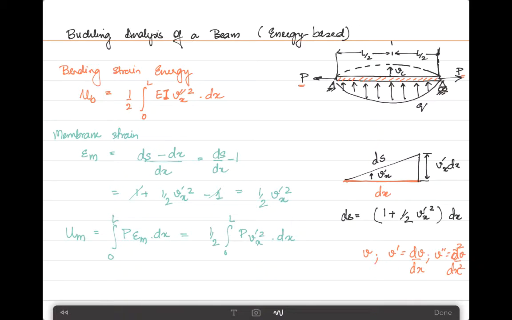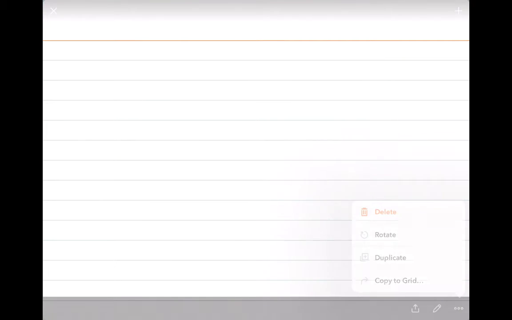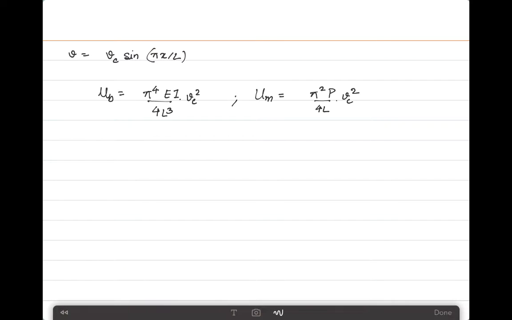Now, of course, we need to assume some geometric description of the displacement that is occurring. If we assume the displacement v to be equal to a maximum displacement at the center, V_c, times the sinusoidal function sine of pi x by L, then substituting this into U_b and U_m, we get pi to the fourth times E I by 4L cubed times the central deflection squared, and the membrane strain energy to be pi squared P by 4L times V_c squared.